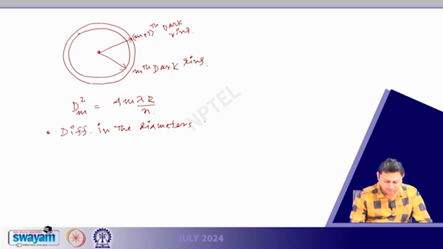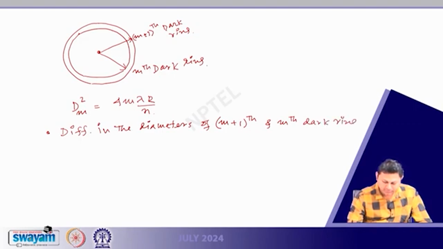You can do that for the bright ring also.